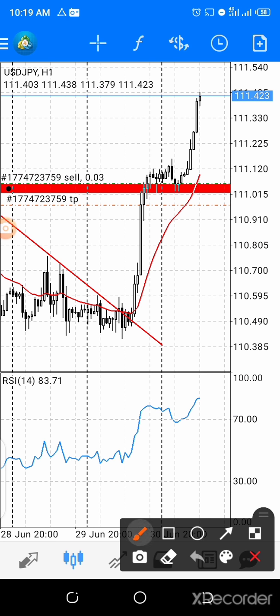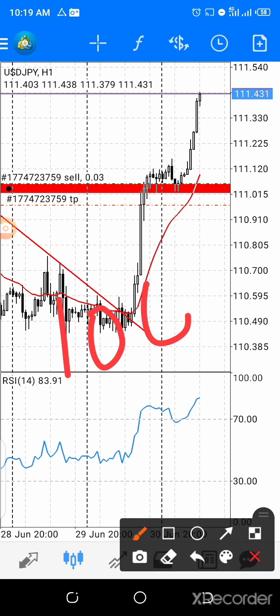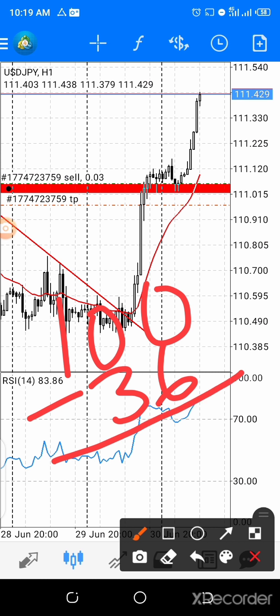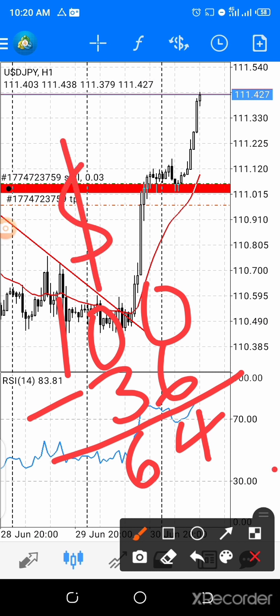Now, 100 minus 36 would have been how much? 64 left. I would have exposed my account to too much danger.